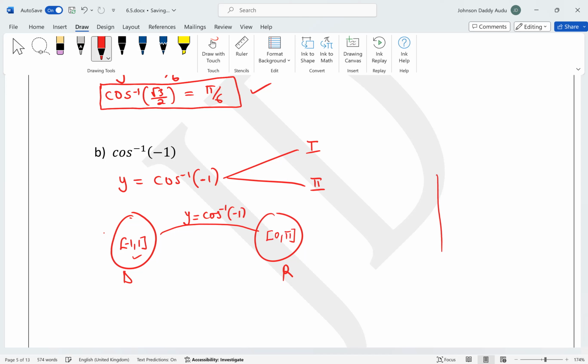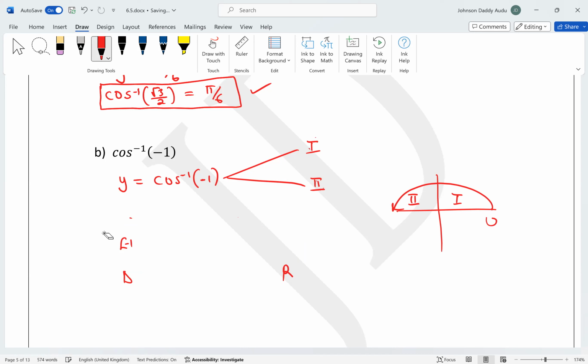So since it's from 0 to pi, if you take cosine inverse of minus 1, the only place it could be is between 0 and pi. And where is 0 and pi? It is from here to here, which means in the first or in the second quadrant. So that is why we're putting these arrows and these quadrants here. Okay. So I explained already in general terms in the earlier video. All right. So now that is why we have 1 and 2.